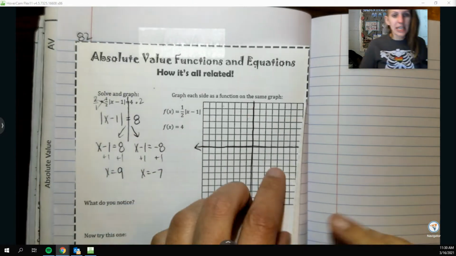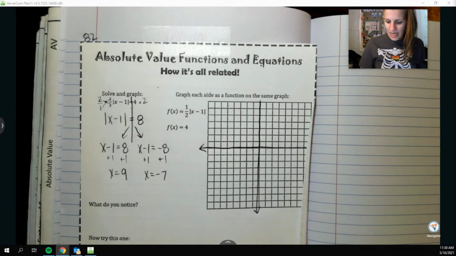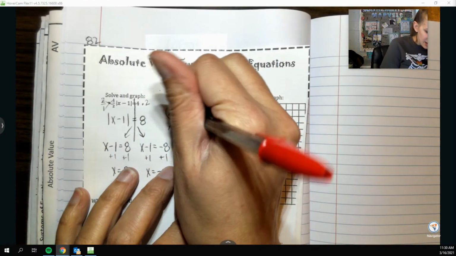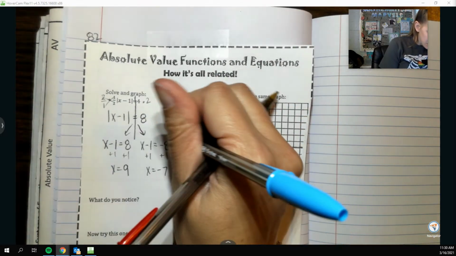So if I put some grid lines on there, I'm going to graph this first one in red, and then I'll graph the second one in blue.